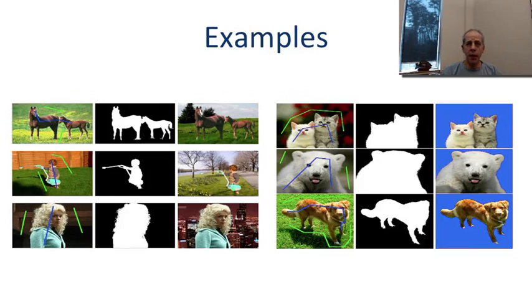So let me give you a few examples of this, and we see them basically here. We have in every row examples, and we can see the scribble. This is the binary segmentation, and then as we already talked, I can put it in a different background. Here are basically different images. So basically every row has a different example.